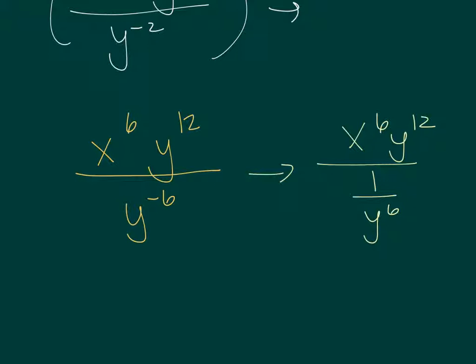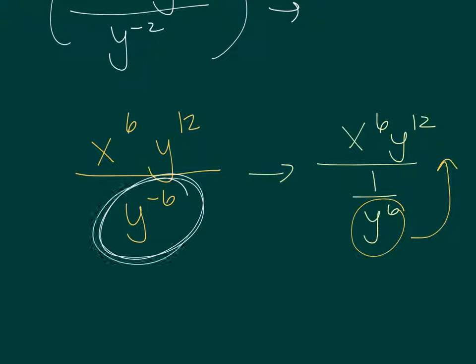The reciprocal of 1 over y to the 6th is just y to the 6th. So in the end, this y to the 6th ends up getting bumped up to the numerator, really. That's what happens. So really, if you want to remember a simple rule, when you see a negative exponent, move it to the other position and make it positive.